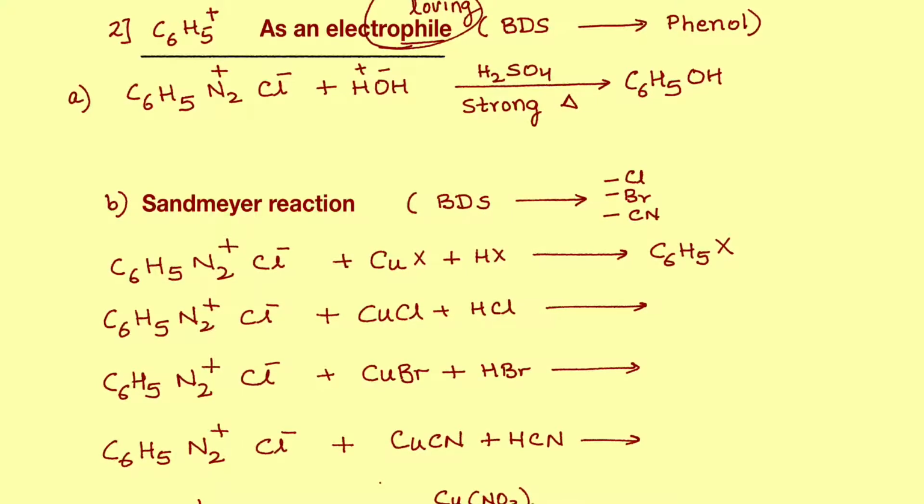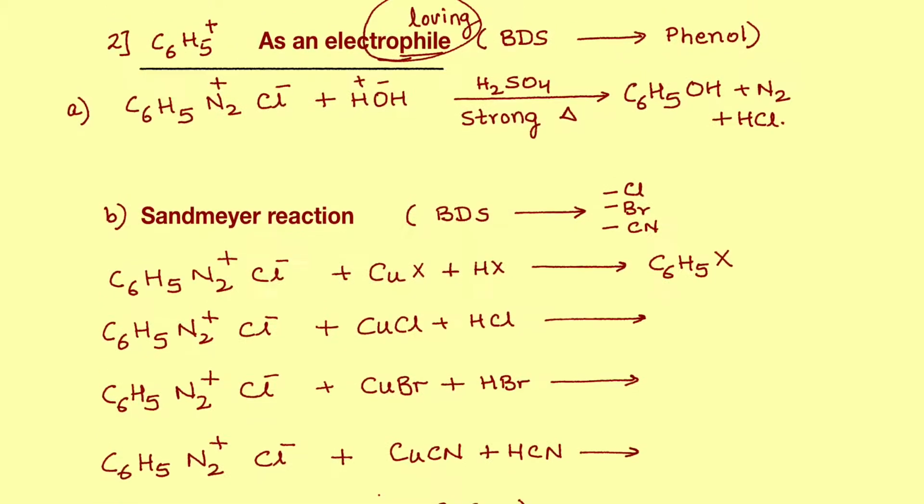And there we go, C6H5OH plus nitrogen. Complete the reaction. Plus HCl, right? So I have written it in short. BDS stands for the benzene diazonium salts. Just to keep it simple, of course, this is not a standard notation. I have kept it simple so that it's easy for you to refer to it. So benzene diazonium salts getting converted into phenol.